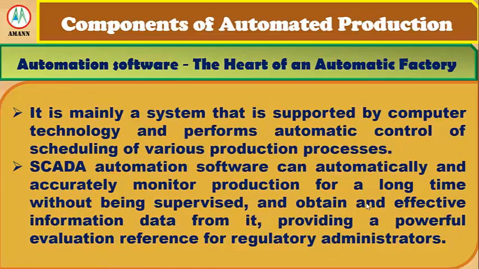It is mainly a system that is supported by computer technology and performs automatic control of scheduling of various production processes. SCADA automation software can automatically and accurately monitor production for a long time without being supervised and obtain effective information data from it, providing a powerful evaluation reference for regulatory administrators.